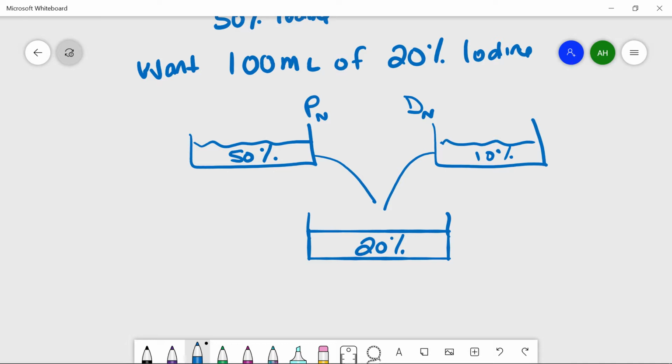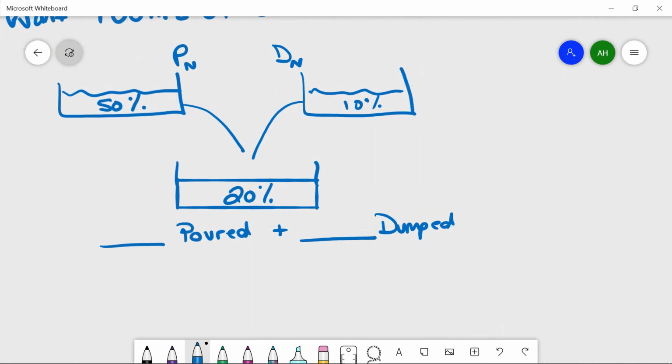All right, so that's what I'm looking to do here. So we're going to think about the fact that I'm going to have something that gets poured in plus something that gets dumped in. And when I take what I pour in plus what I dump in, I'm going to add those together and get a total of whatever I've poured and dumped in there.